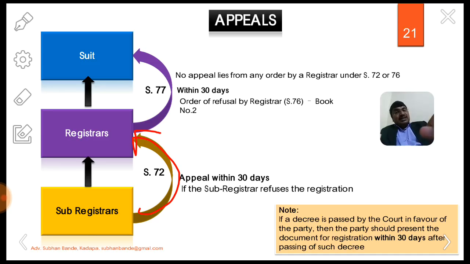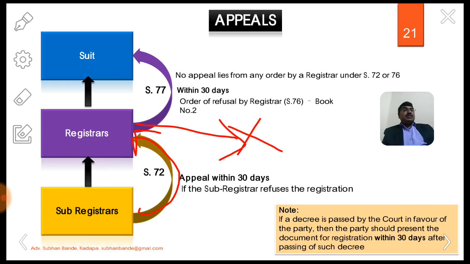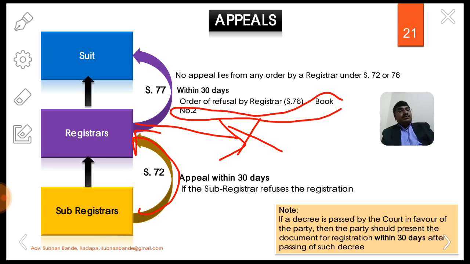Again, if the registrar refused the registration, under such circumstances the registrar should record the reasons for refusal in book number 2 in the same way. Then within 30 days, the parties may file a suit in the civil court.